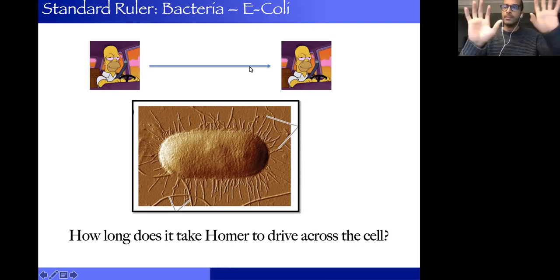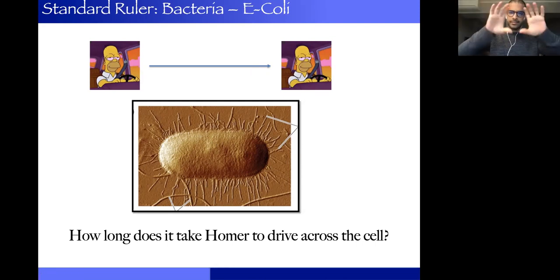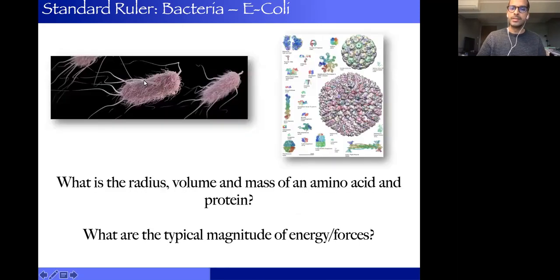Okay, so that's looking at this from a bird's eye view. We're looking at the whole E. coli. But of course, in the first lecture or the second lecture, we zoomed in and we now appreciate that all these biological organic entities are made up of building blocks.